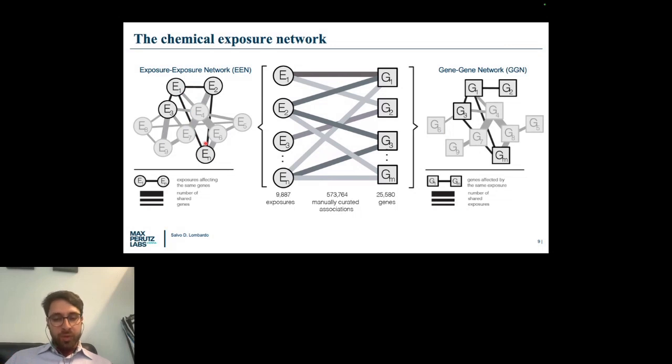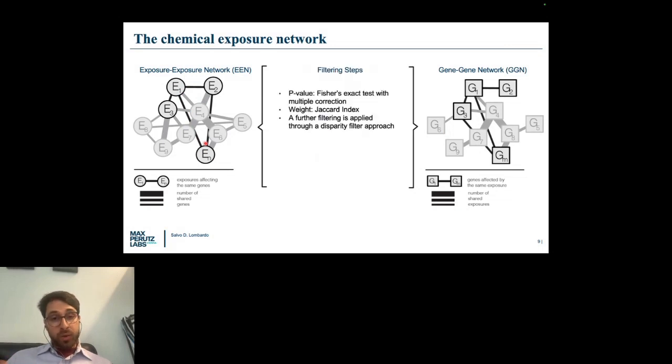So we needed a way to sparsify them. The way to do that was, first of all, to compute a p-value for each pairwise interaction of genes or exposures, through a hypergeometric test with multiple correction, so we were able to distinguish which were the meaningful ones.